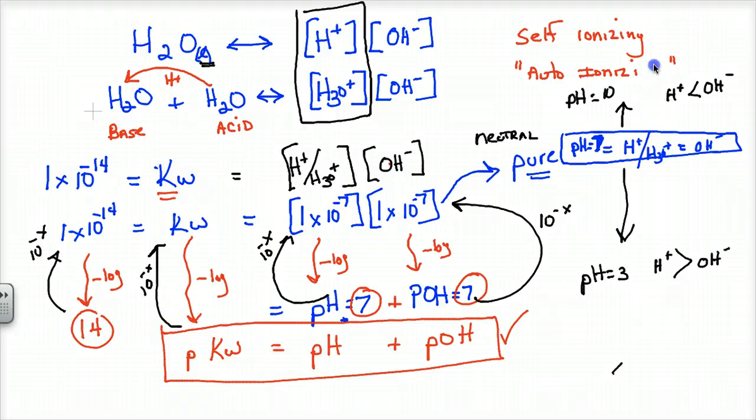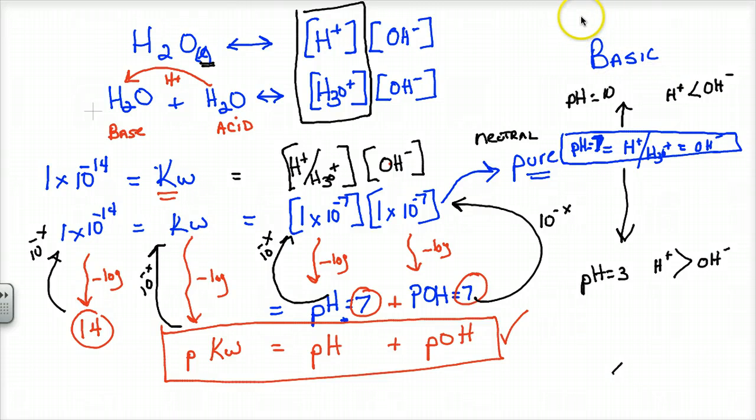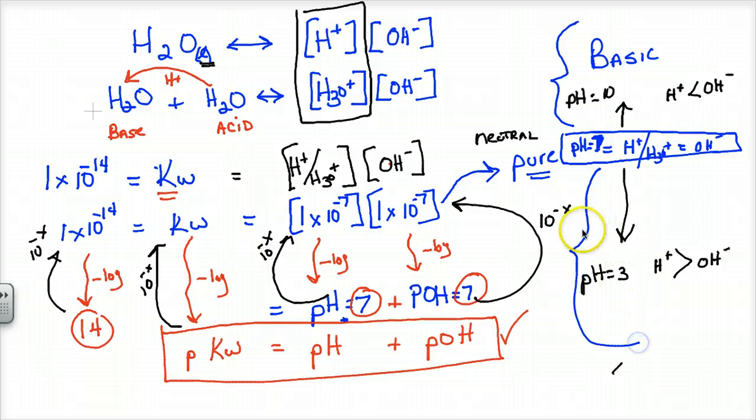Something that we've been dealing with probably for a long time in many other courses. So this, of course, is our basic pH, anything above 7, and of course anything below 7 is our acidic pH, or acidic range.